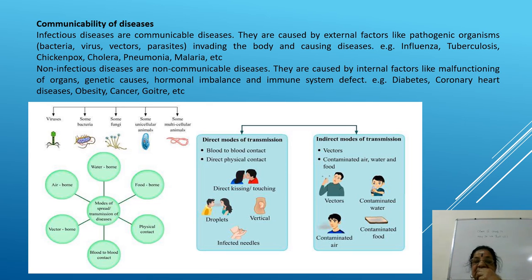The heart muscles are supplied with blood through the artery and vein. If they are disturbed or blocked, that is called coronary heart disease. Also obesity, cancer, and goiter. I hope you are able to follow this.